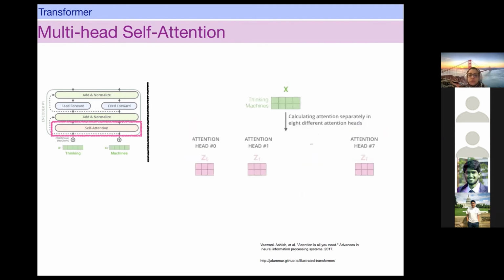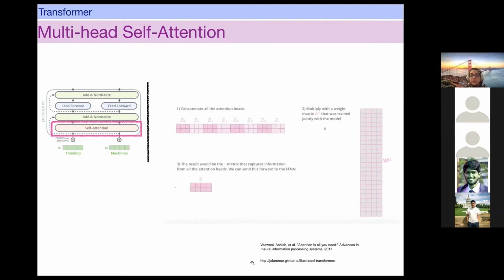We repeat the operation that we did before, and every single head produces a new matrix Z. So now instead of one Z, we have n Zs, and here n was 8 because we have 8 heads. Given these 8 heads, we then multiply them through this huge weight matrix, WO, and we end up with a single Z. That's basically this single block, which is self-attention.